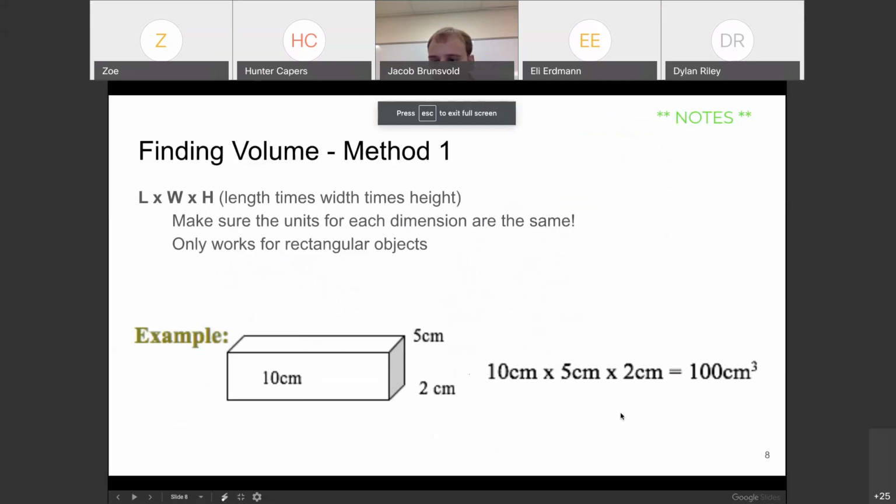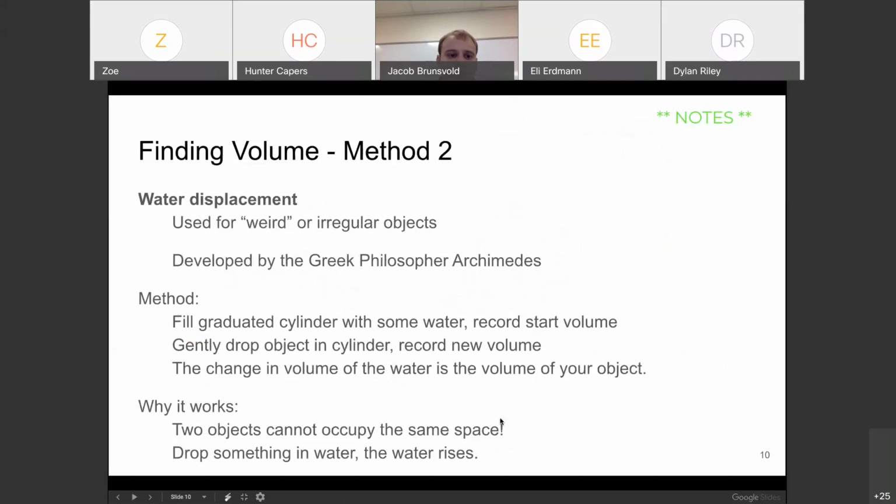So for volume, 100 centimeters cubed. Units for volume should be centimeters cubed. Method 2, water displacement, used for weird or irregular objects. This was developed by the Greek philosopher Archimedes. Now, I'm going to tell you a story here.